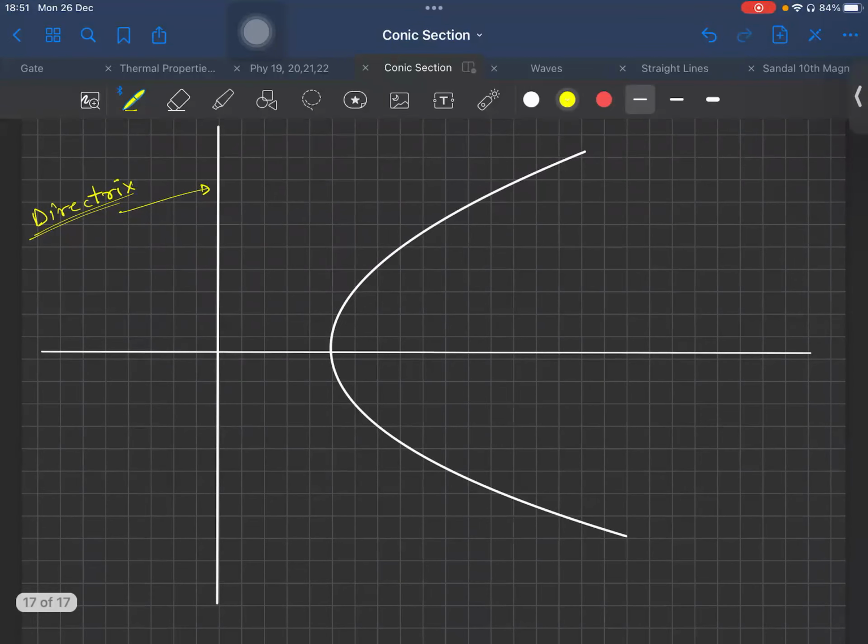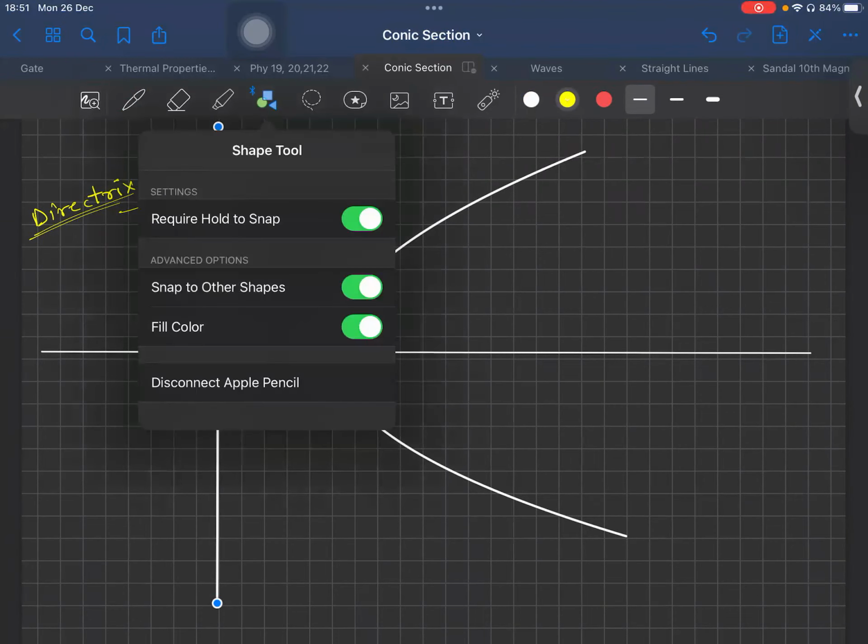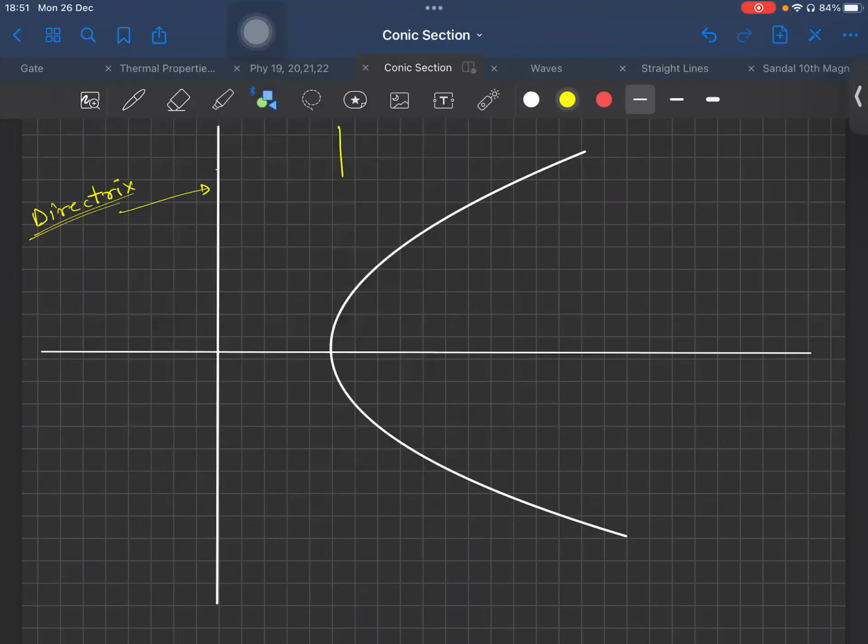This is x-axis and this is y-axis. So this is y-axis, and of course this is x-axis. So this is y. This is x.